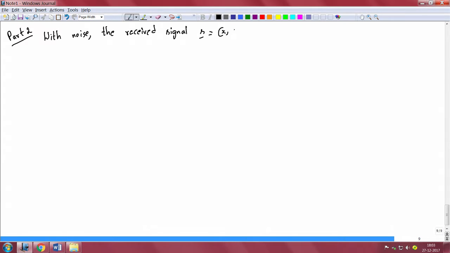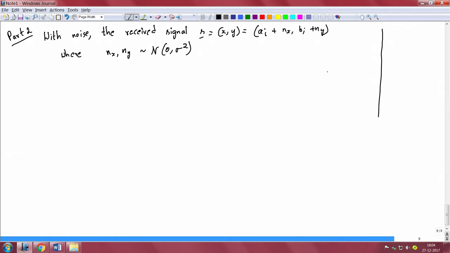If x comma y are the values, they are going to be of the form ai plus nx comma bi plus ny, where nx and ny are Gaussian noise samples with 0 mean and variance sigma square.